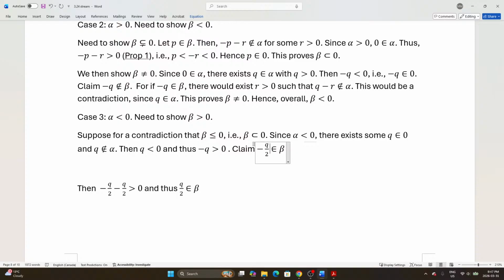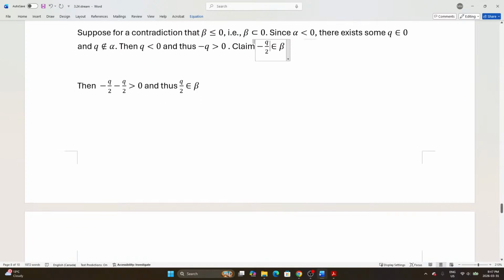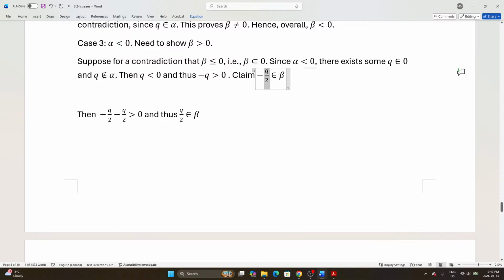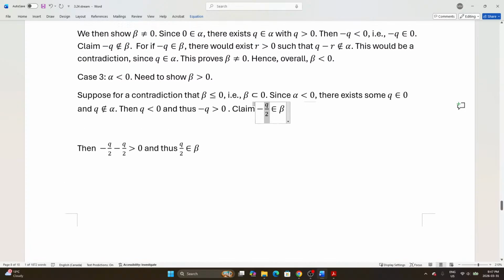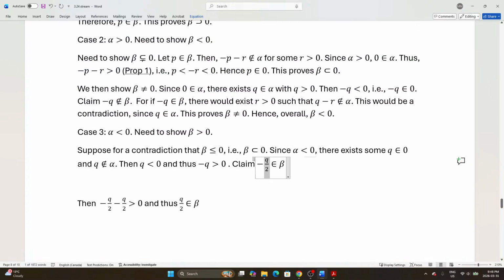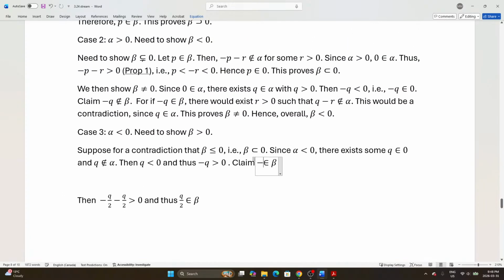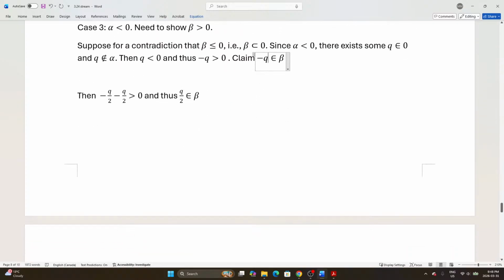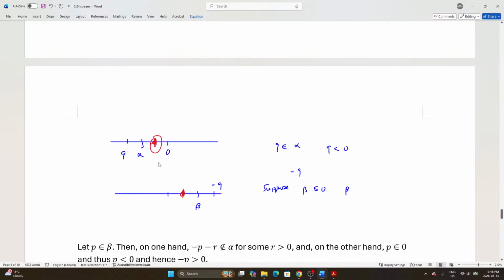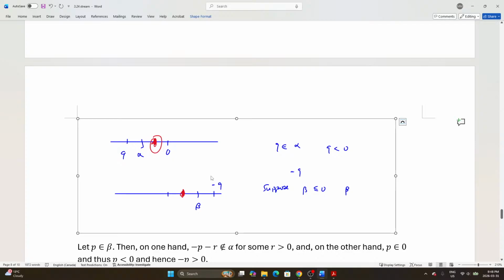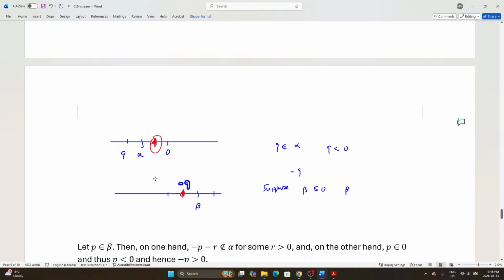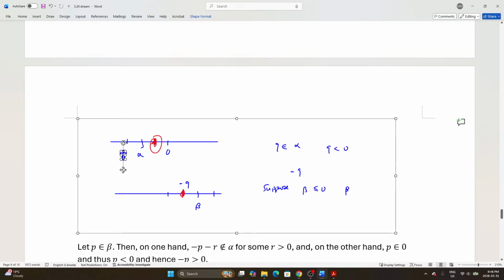No? You know what? Let's just do minus Q in beta. For that, I'm going to, I don't know, maybe use a contradiction or what? Q, this is our minus Q, and this is my Q now.